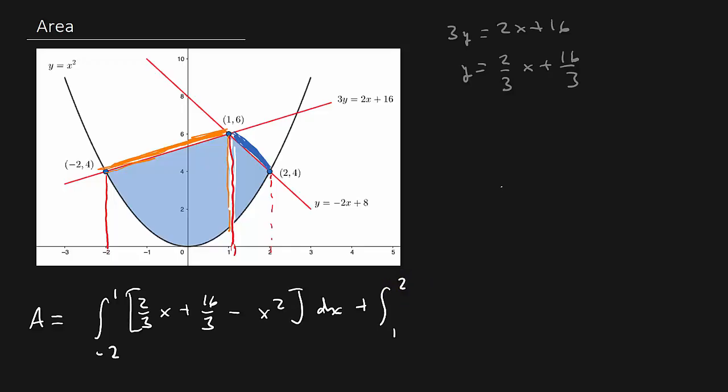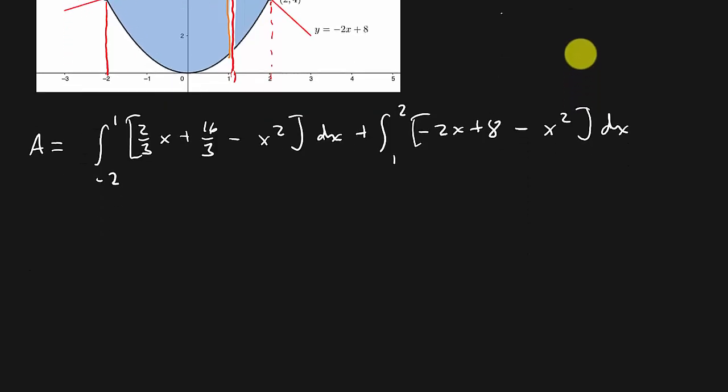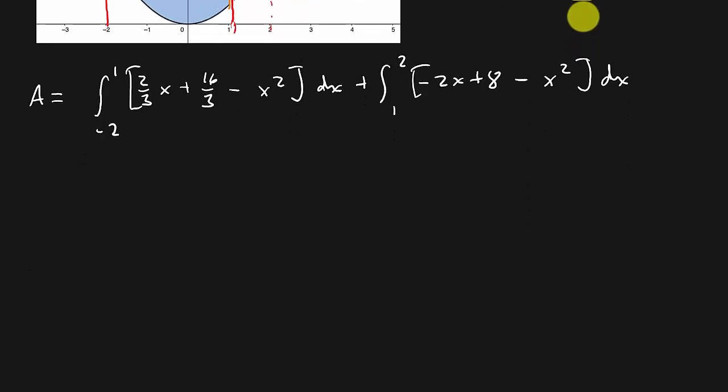And then notice this is the curve on top, which is this line here, negative 2x plus 8, minus the curve on bottom, which is x squared. And we're integrating that with respect to x. Okay, so this next step that I'm going to do, you don't have to do this. I'm just going to do it.